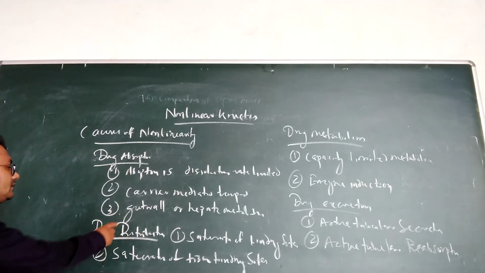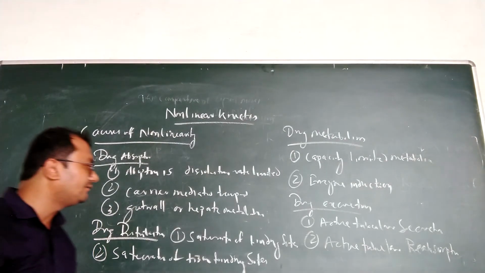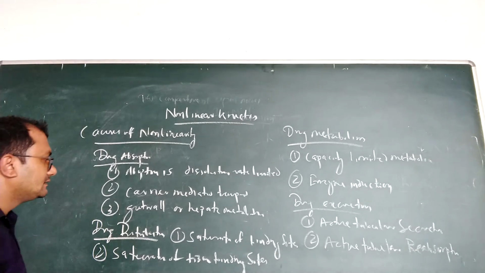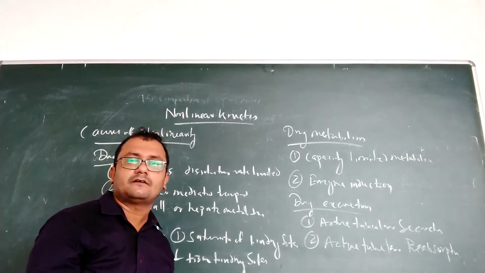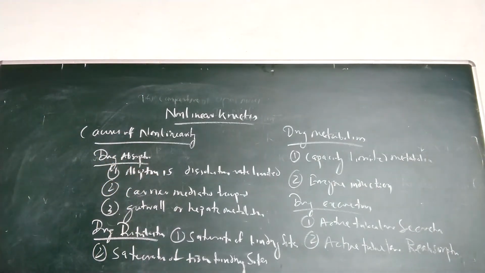Now coming to drug distribution, the first one is saturation of the binding sites of plasma protein. There are different types of binding sites.